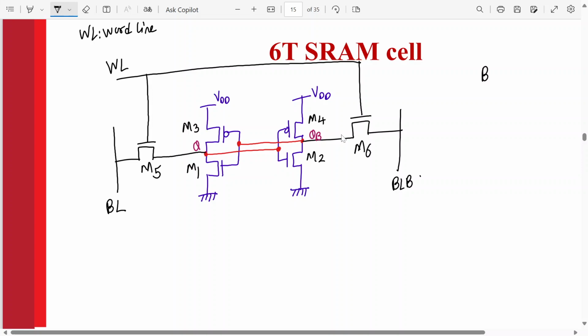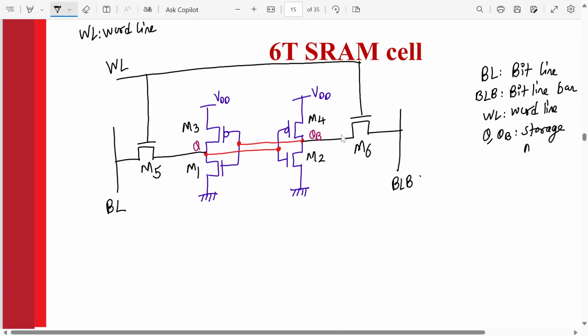BL is bit line, BLB is bit line bar or complementary bit line, WL is word line, Q and QB are storage nodes.